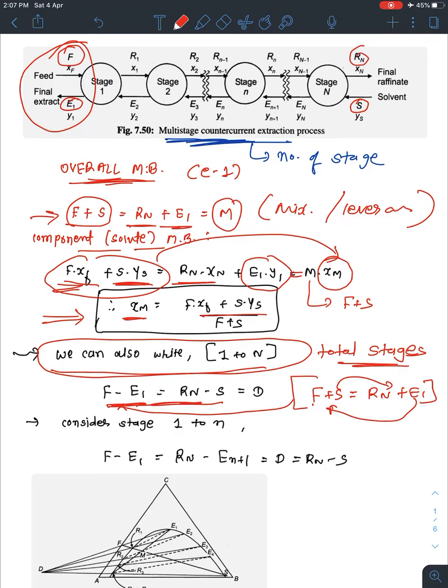That is the imaginary difference, and it is indicated by the D point. So just imagine that this is the difference, F minus E1, which is equal to Rn minus S, which is equal to D, the difference.